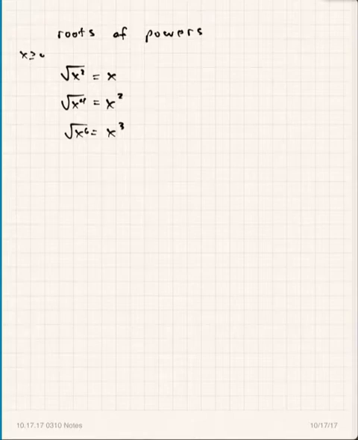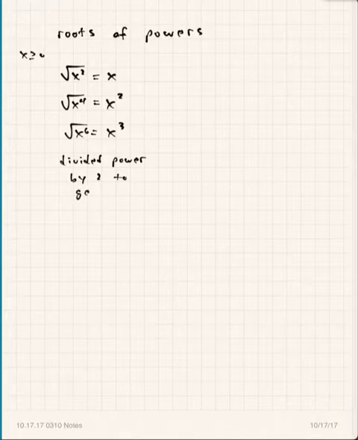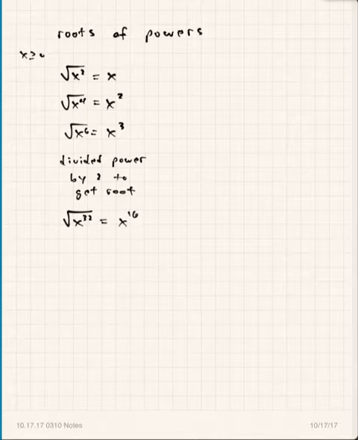And so what do we see in these kinds of problems? That we knew the square roots of even powers, and what did you have to do? In each case, you divided the power by 2 to get the root. Right, so the square root of x to the 32nd power would be equal to x to the 16th power, right?